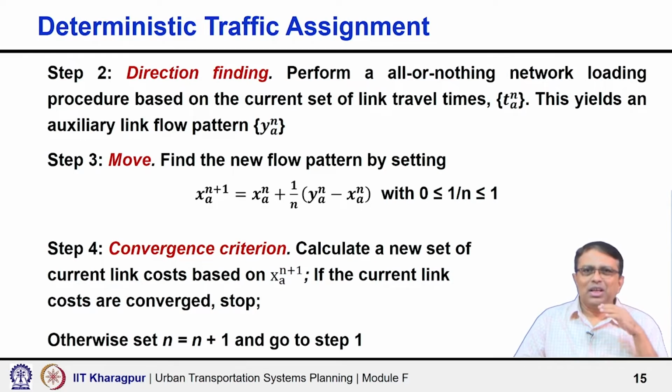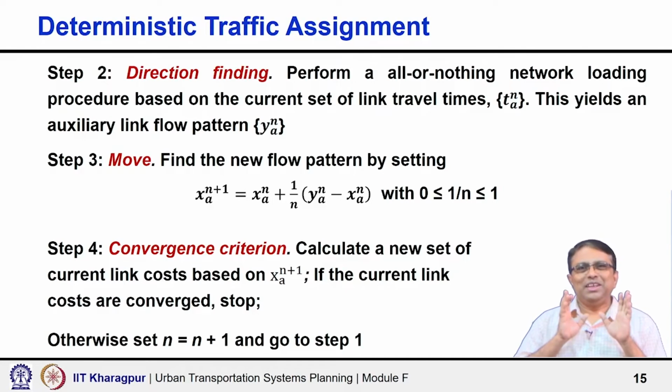We set travel time and then did some kind of smoothing. Here also, whatever we first assigned to the shortest path, say 2000 flow, is actually called the auxiliary flow. Then based on that auxiliary flow and whatever was my actual flow, how do I now update the flow?